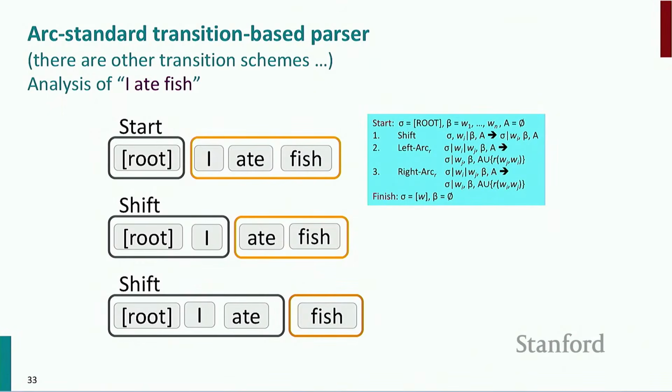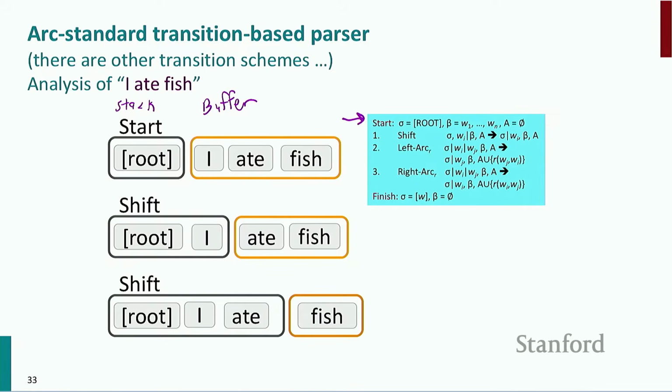So here's an example. I want to do this very simple example of parsing the sentence, I ate fish. So the way I do this is I have my stack, and I start by putting the root symbol on my stack, and then I have in my buffer all the words of the sentence. That's the start condition I've written in very small print there.